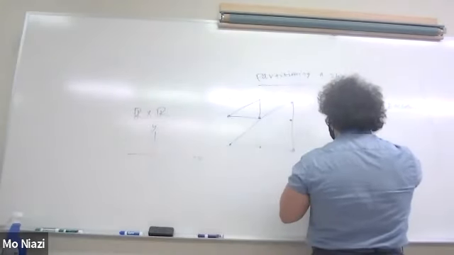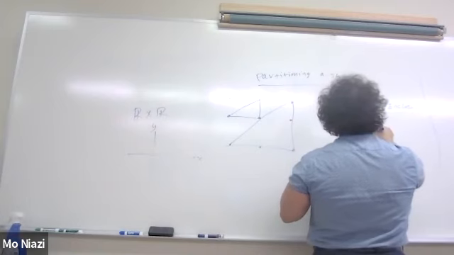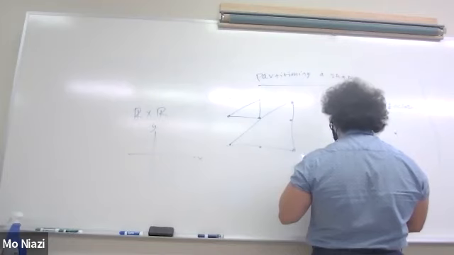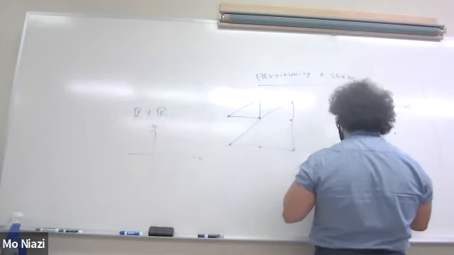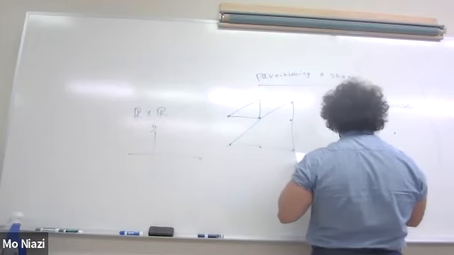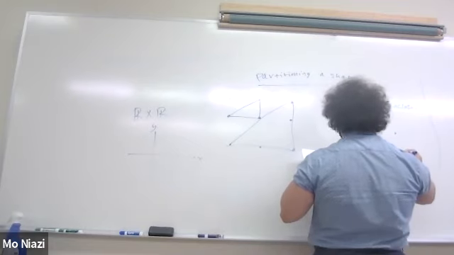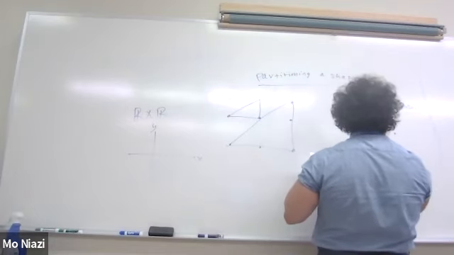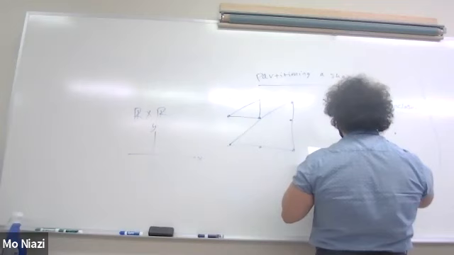Here is the method of enclosure. Let's say on your second page, let's try and reproduce this picture here. Let's reproduce this picture over here. What does it look like?